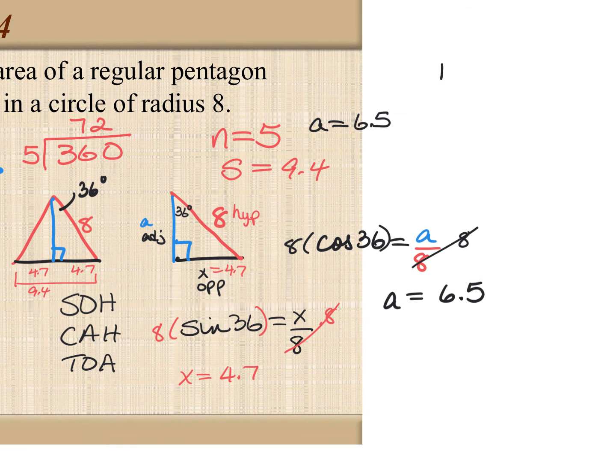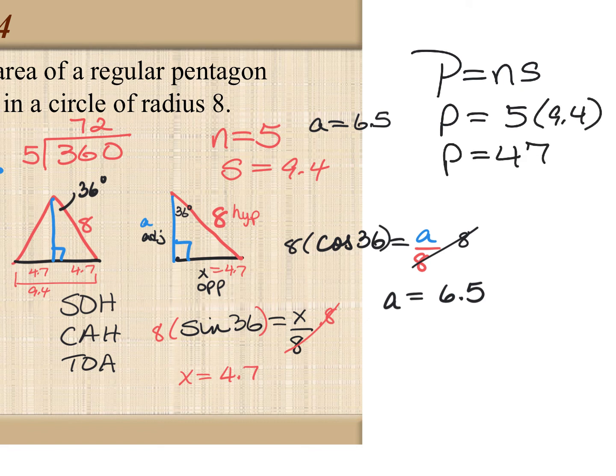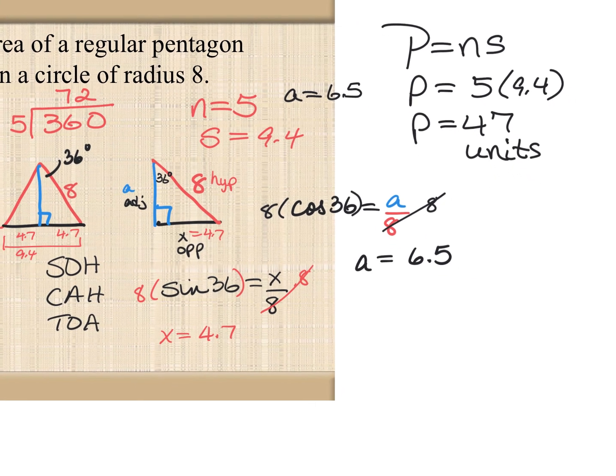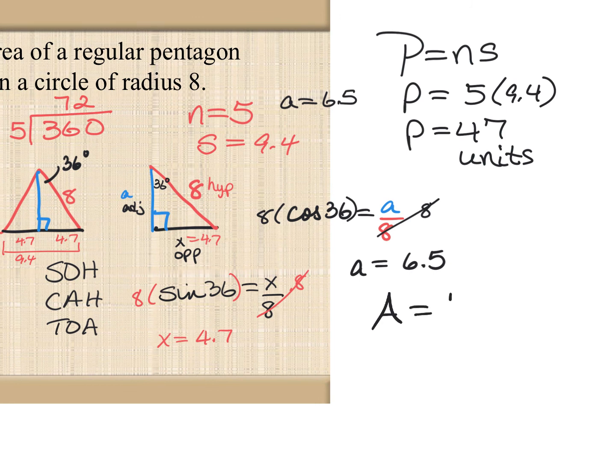So for perimeter, number of sides times the side length. 5 times 9.4 gives me a perimeter of 47 units. For the area, 1/2 apothem times perimeter. So 1/2.